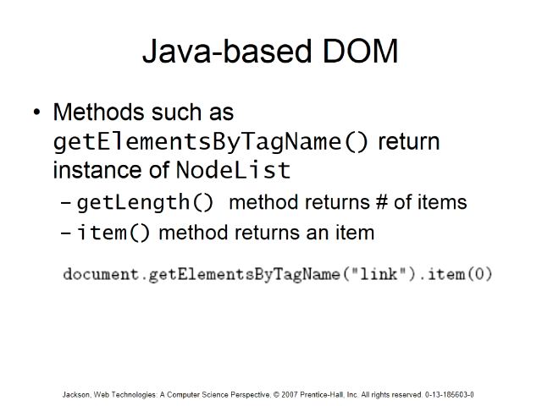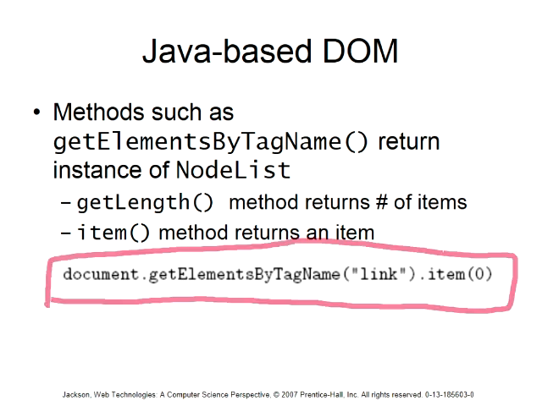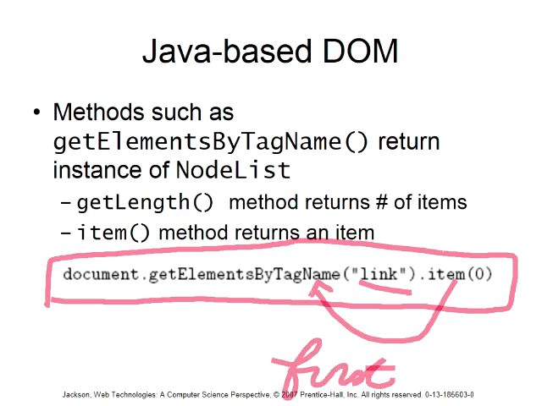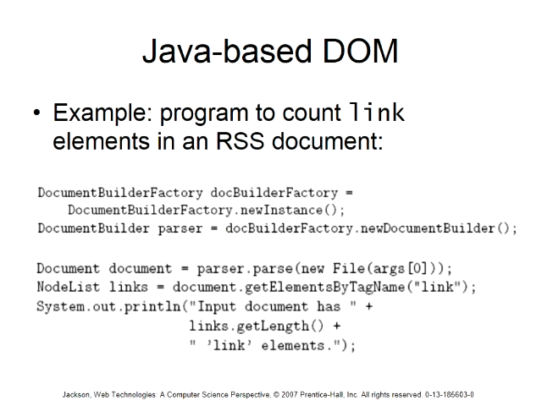For example, if I write document.getElementsByTagName("link").item(0), this returns the first item of all link tags. Item 0 means the first item of all link tags.